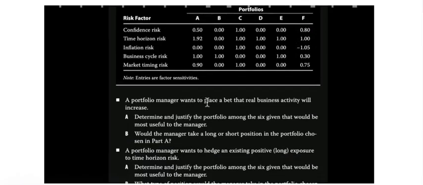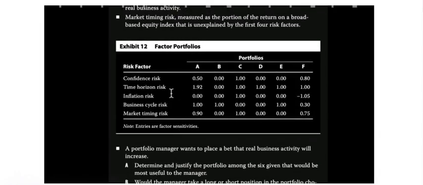A portfolio manager wants to place a bet that real business activity will increase, that is business cycle risk for real business activity. Determine and justify the portfolio among the 6 given that would be most useful to that particular manager. So for portfolio A, we get a factor loading there, but we also get a whole bunch of other risk factors brought in with it. We don't want that.